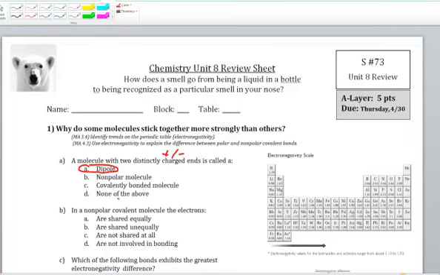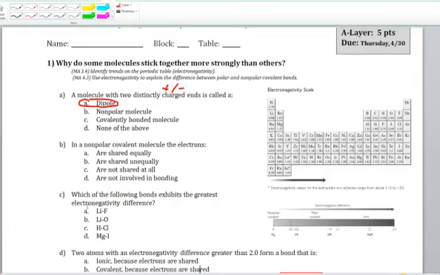Alright, B. In a nonpolar covalent molecule, the electrons are shared equally, shared unequally, not shared at all, or not involved in bonding. Well, nonpolar by definition means that they are shared equally.